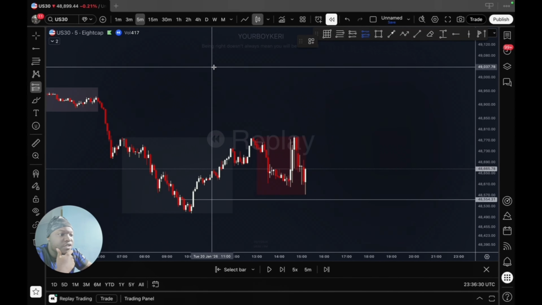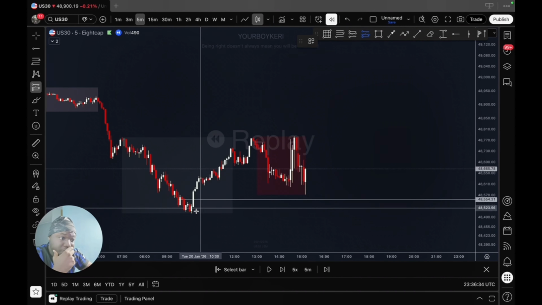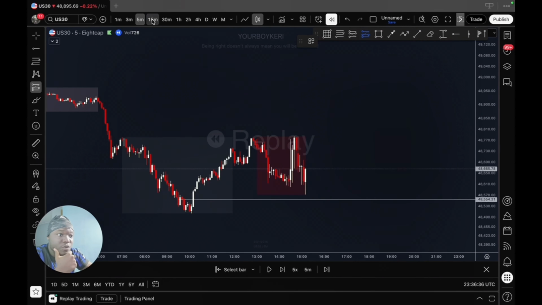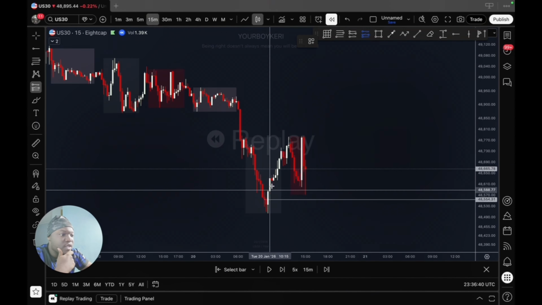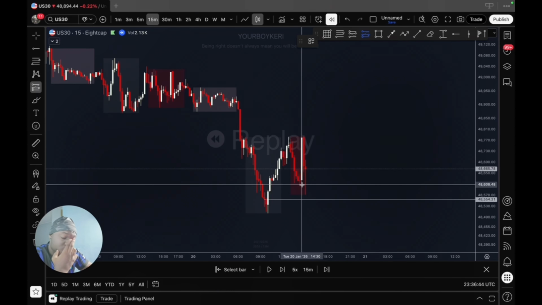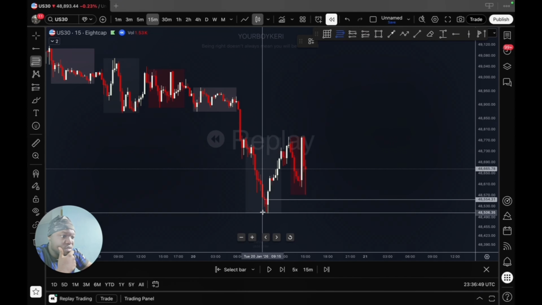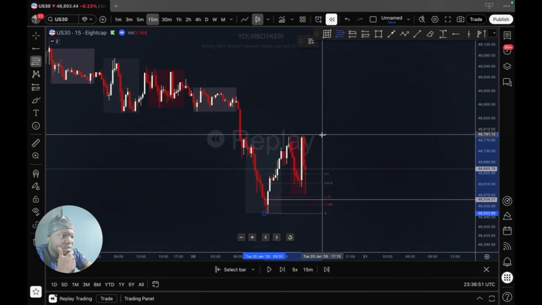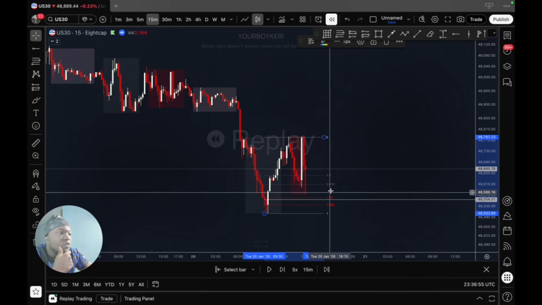Because from my entry, right, I knew this gap might be filled to have a continuation to the upside on the 15-minute. We had this gap at New York open, price pushed up, came into my Fibonacci. You can see from this high to this area, the gap falls along my 0.618 level, right?